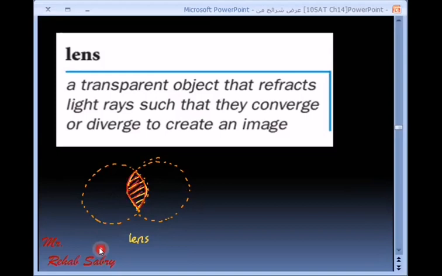This is the lens, the shaded part. The two faces of the lens are convex, so it's called a convex lens.